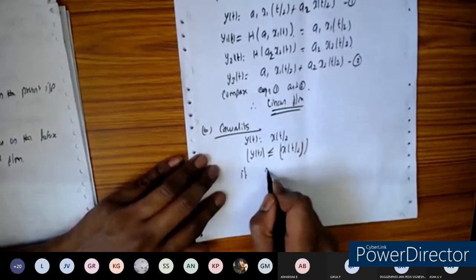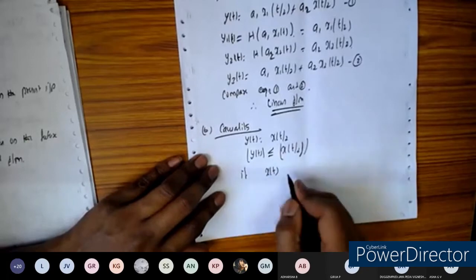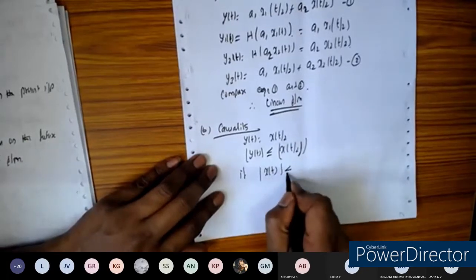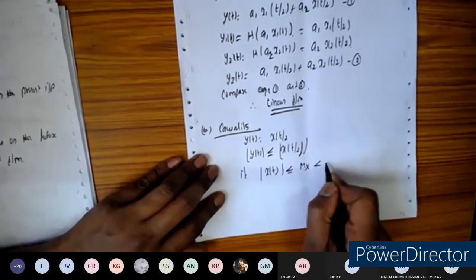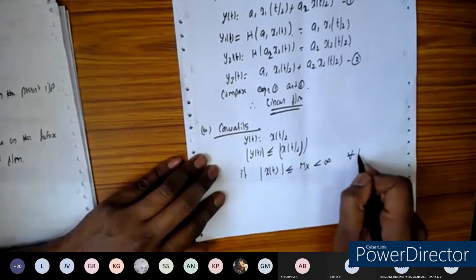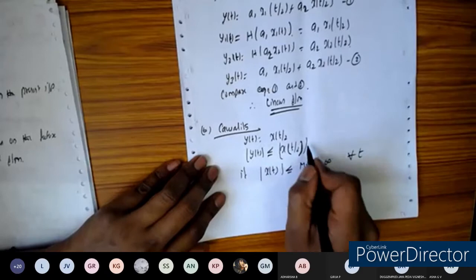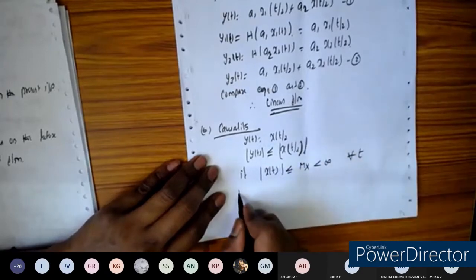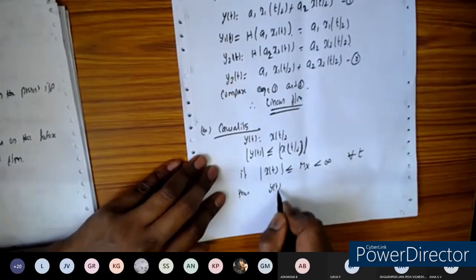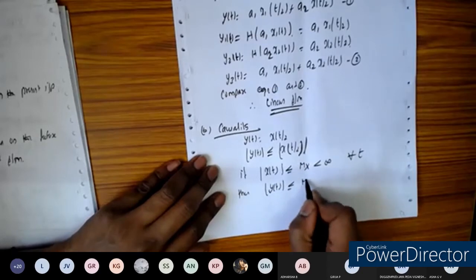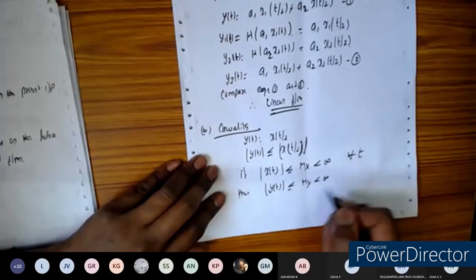So if the magnitude of x of t is less than or equal to a finite quantity, less than infinity, for all values of t, then obviously the magnitude of y of t is also less than or equal to a finite quantity, less than infinity.